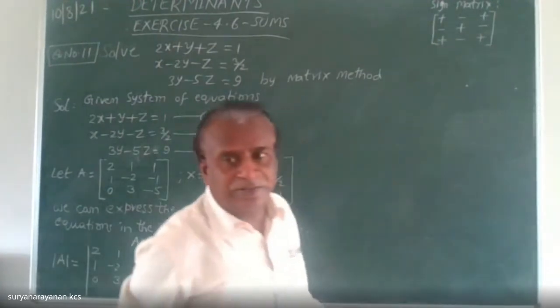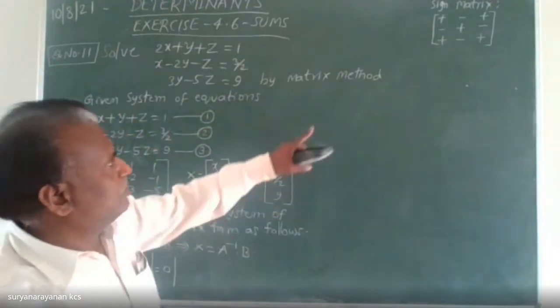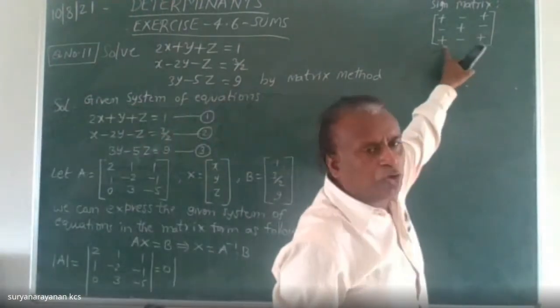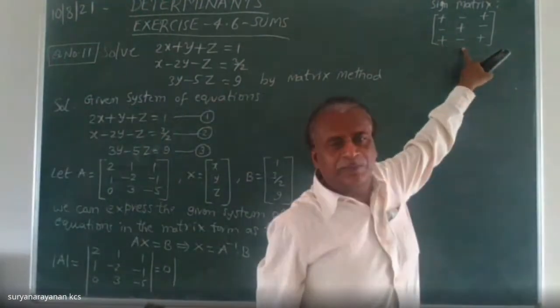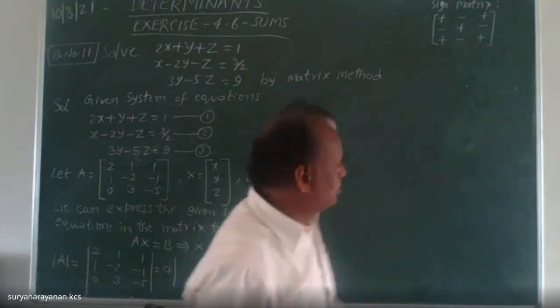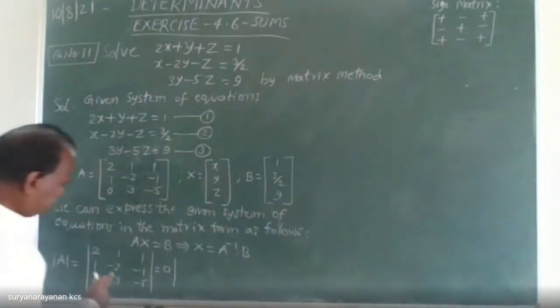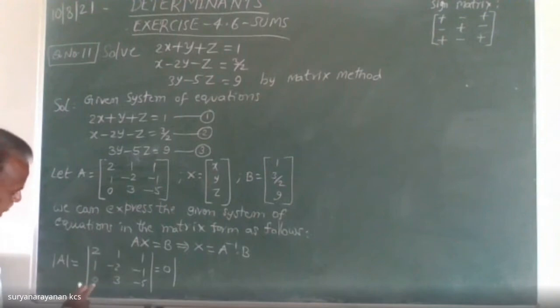You have to remember this sign matrix. So we are selecting the third row to expand the determinant. So plus, minus, plus. So plus 0 into, close this row and column.